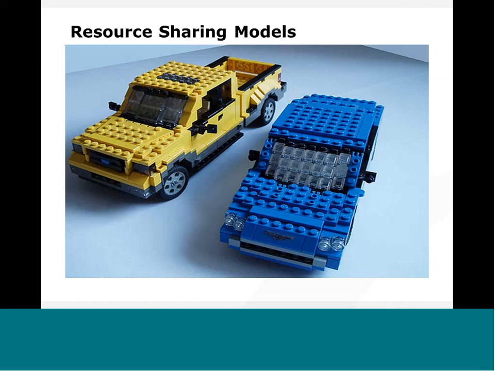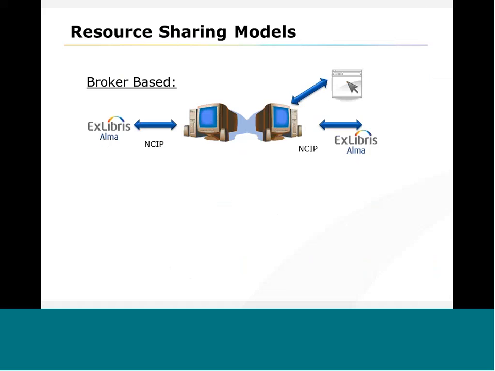But as I said, we're going to be focusing on the ILL type. And within this type, there are also different ways to manage resource sharing requests. And in Alma, we're going to be managing more than a single model of this. So one type is already in place. Actually, both types are already in place, but development is still going to be done around one of them.